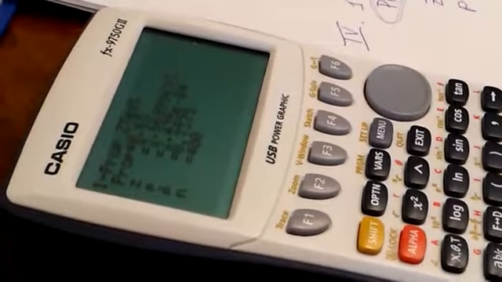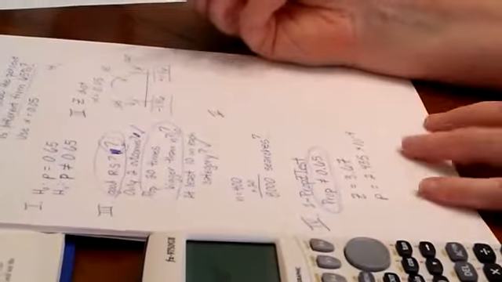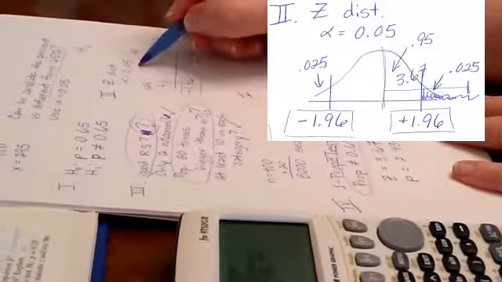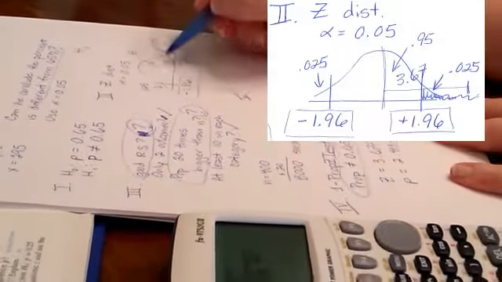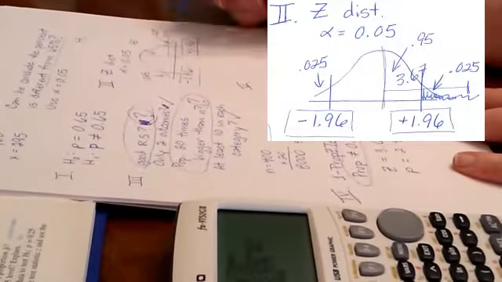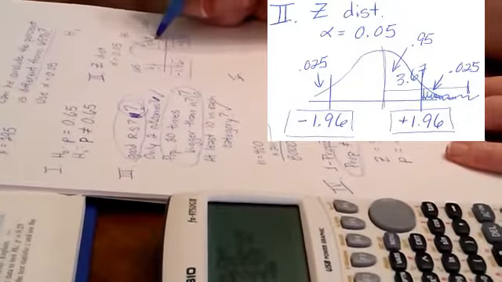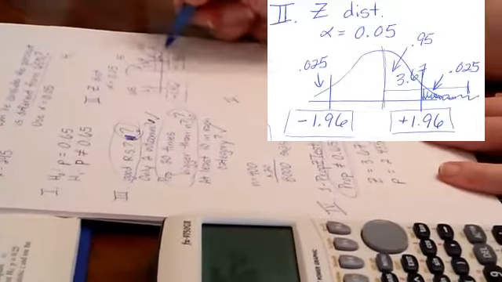Okay, so step 5. Our z-score puts us out at 3.67. So we're out here, right? 3.67 standard deviations away from the mean.